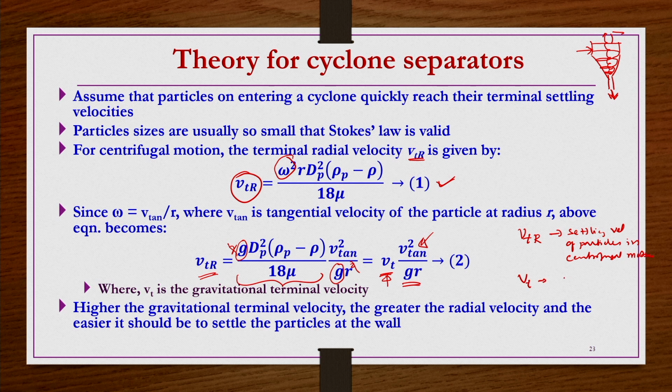Vt is nothing but the settling velocity of particles in the gravity field. Okay. And V tan is nothing but the tangential velocity, which is nothing but R omega.